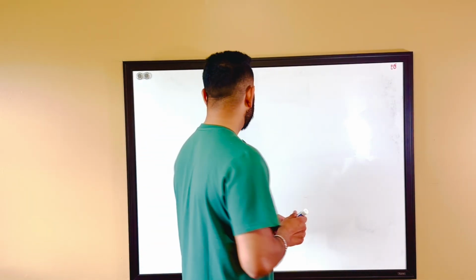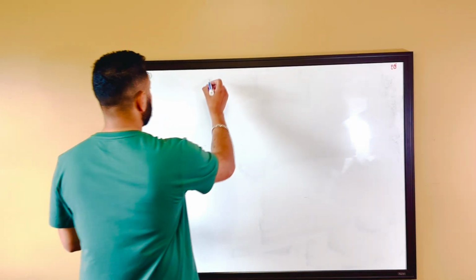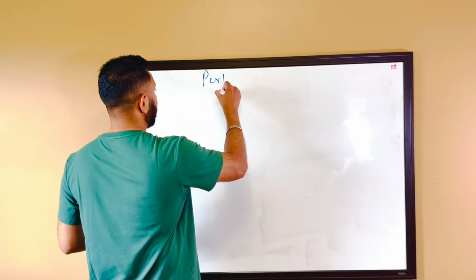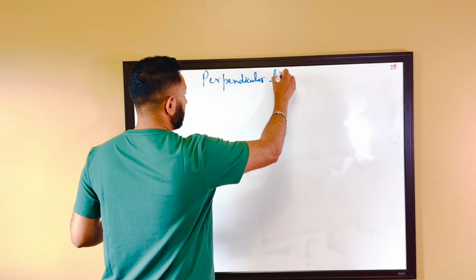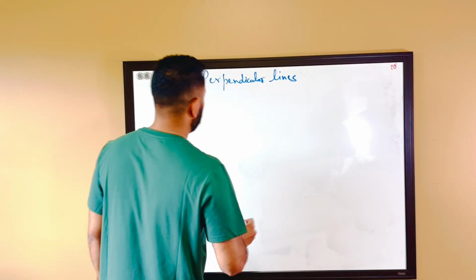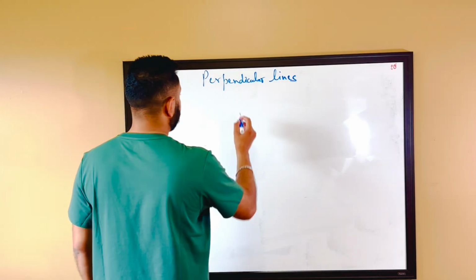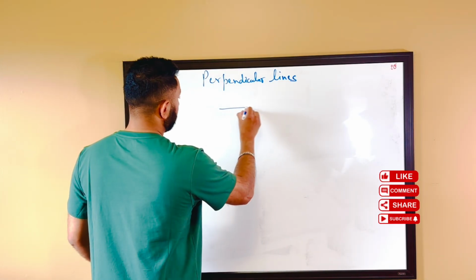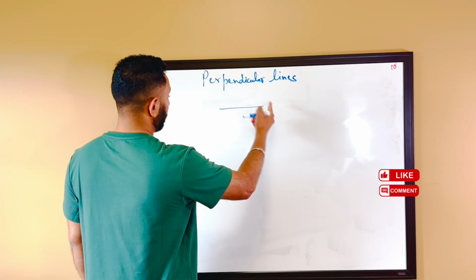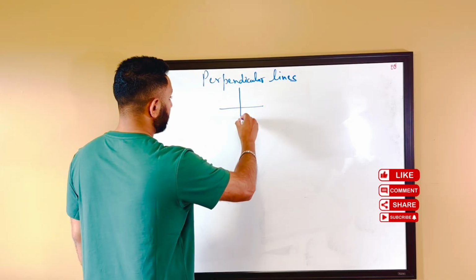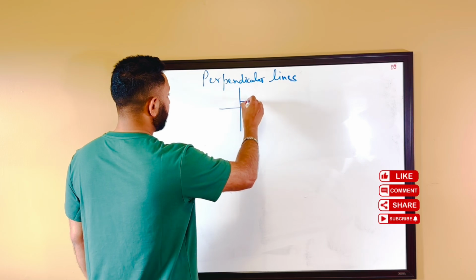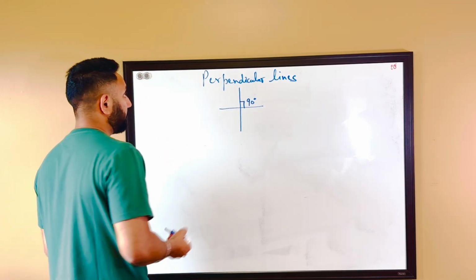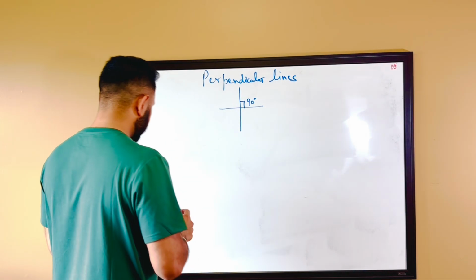So our next subtopic is perpendicular lines. So they are the ones that intersect at 90 degrees. For example, if this is one line and this is the second line, and if these two lines intersect at 90 degrees, they are perpendicular lines.